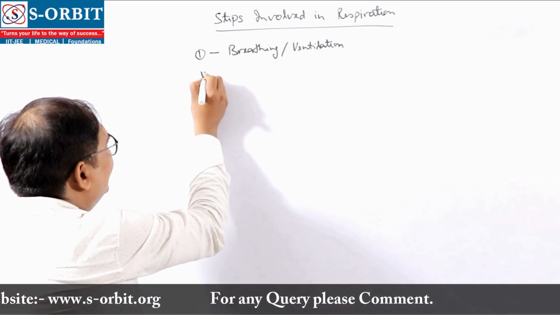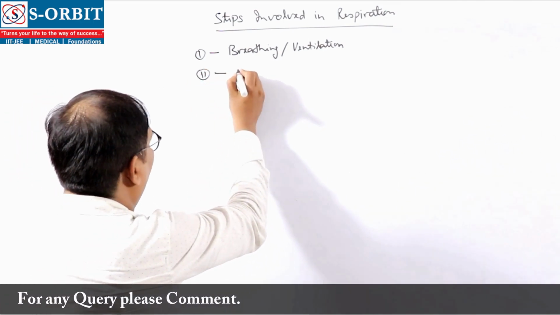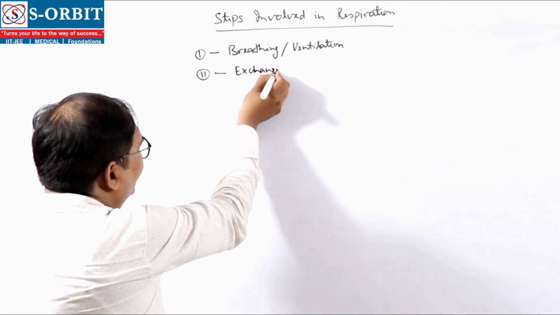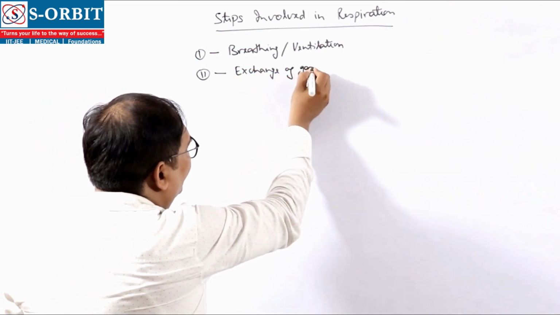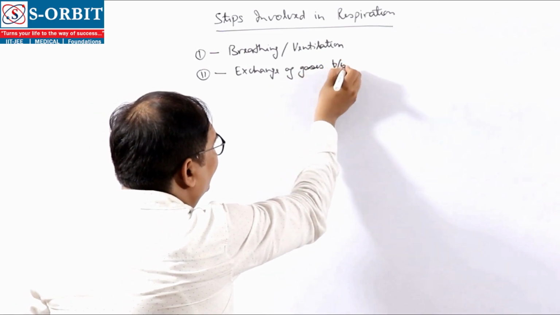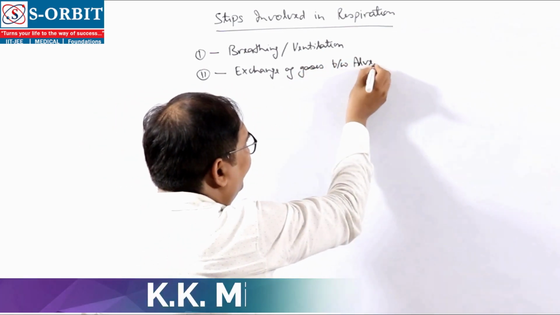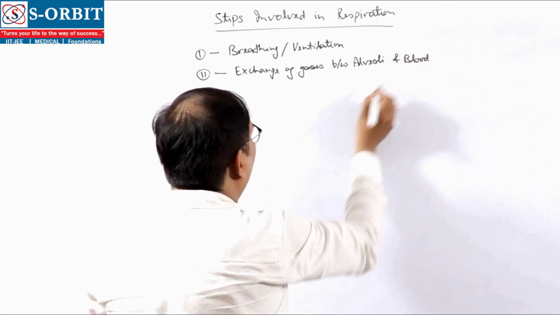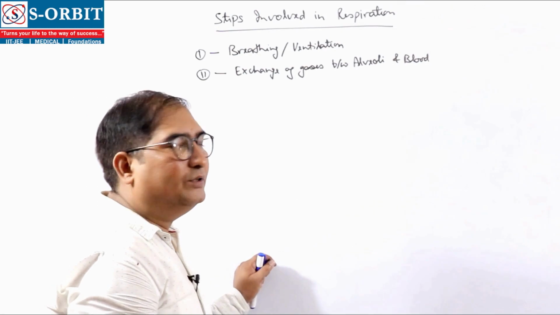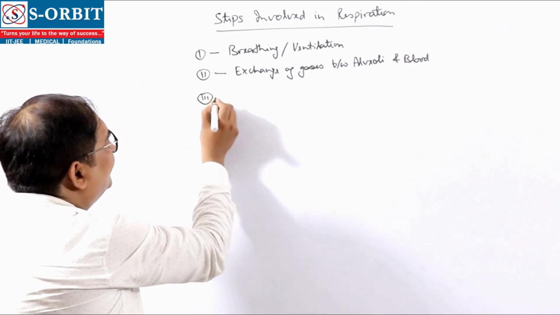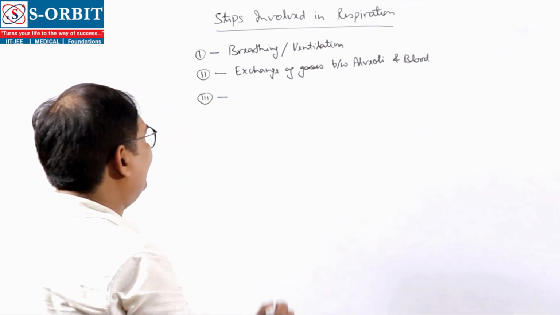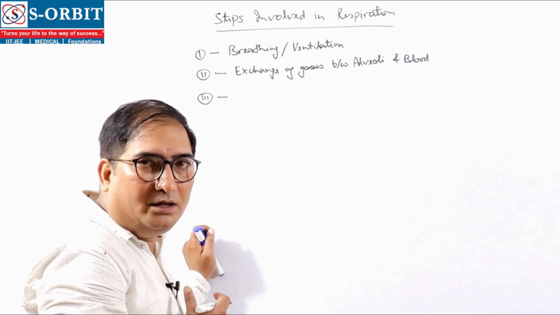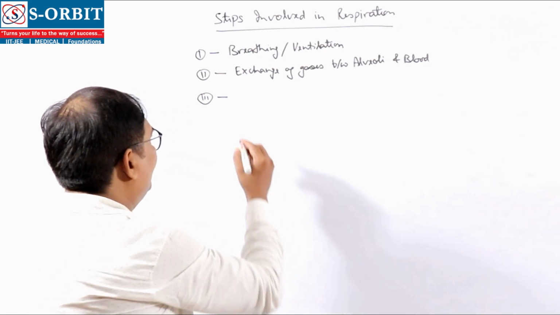The next step is the gaseous exchange of gases between alveoli and blood. Now the third step involved in respiration is the transport of gases, which occurs between lungs and tissues.